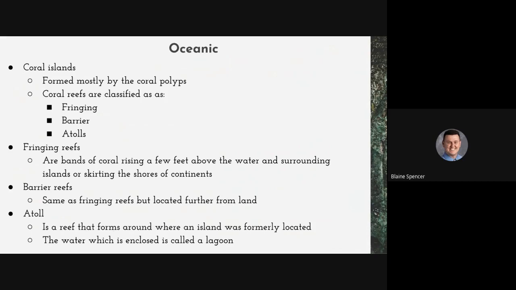Maybe the water rose up, whatever it is, and so it's going to leave this massive ring, and there's going to be an empty area within it, and that's going to be called a lagoon. When you hear of lagoons, it's this water area surrounded with land on all sides. An atoll is this island that was formerly there. There was reef around it. That island disappeared for some reason, and that reef is still there, and so it's going to create a lagoon.